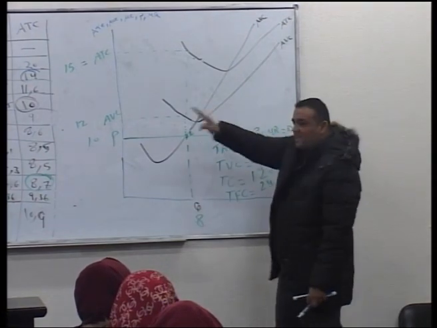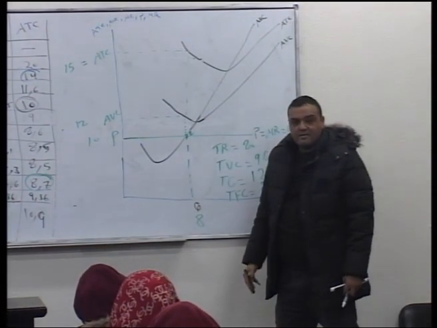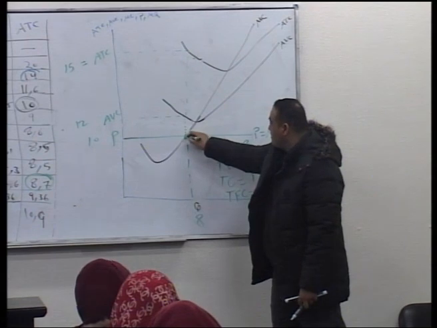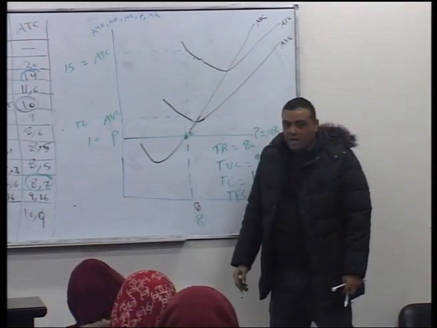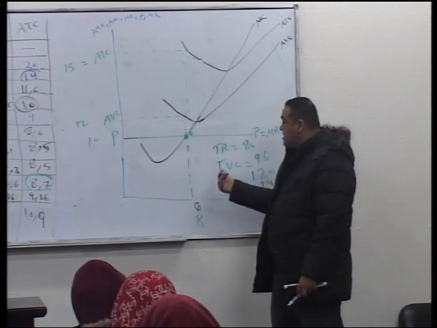Price equals MR equals 10, and MC at equilibrium is also 10. MR equals MC, right?